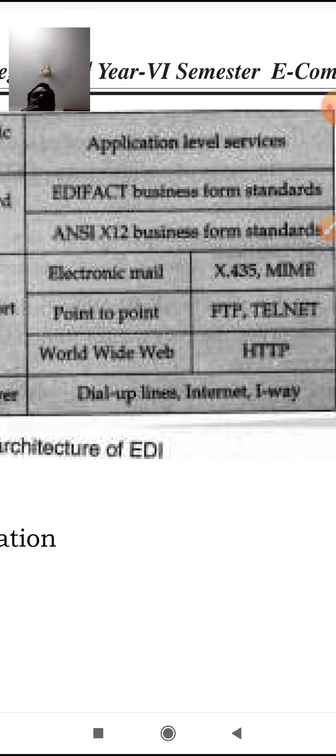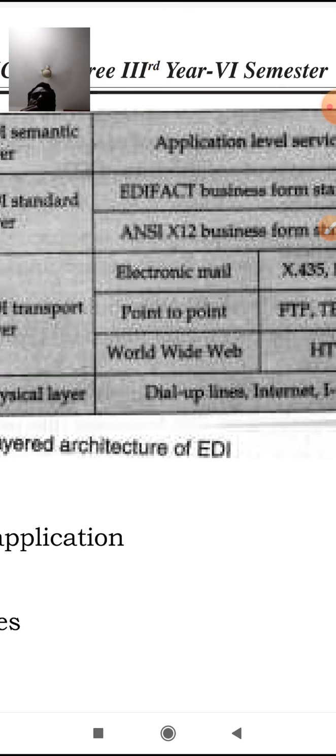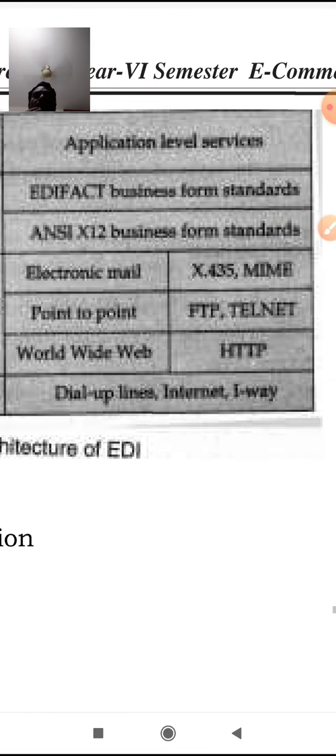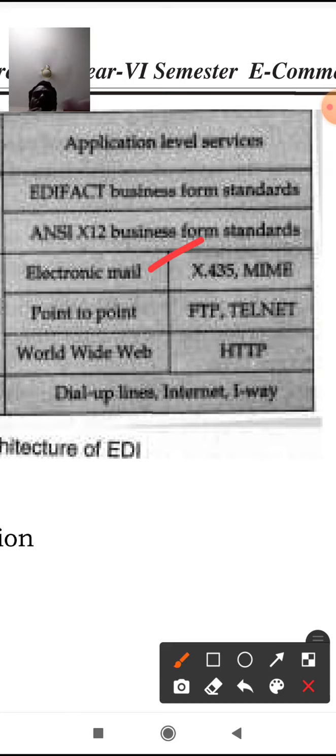Then the EDI transport layer will transport the business documents or business information or financial transactions in the online business. This EDI transportation layer uses different types of transportation methods, that is electronic mail. With the help of the email system, it will transfer the information from one place to another, that is source to destination, or buyer to company, or company to buyer.